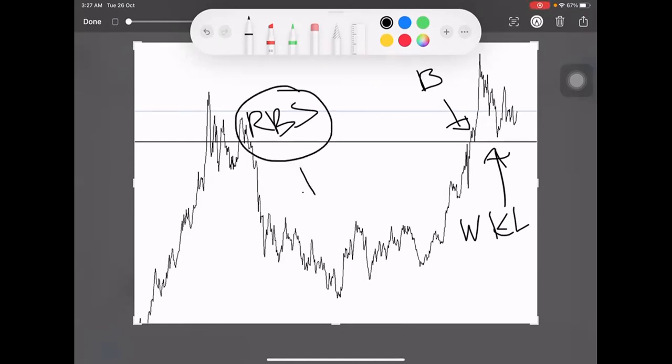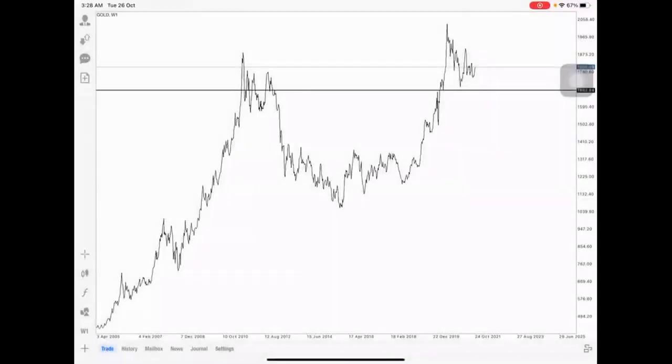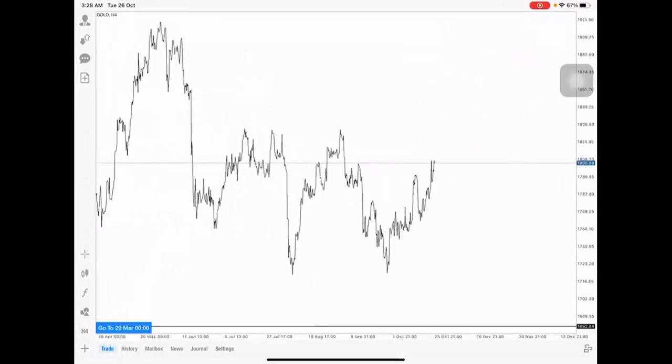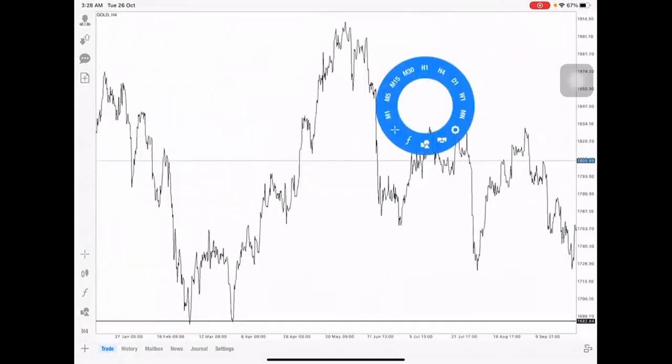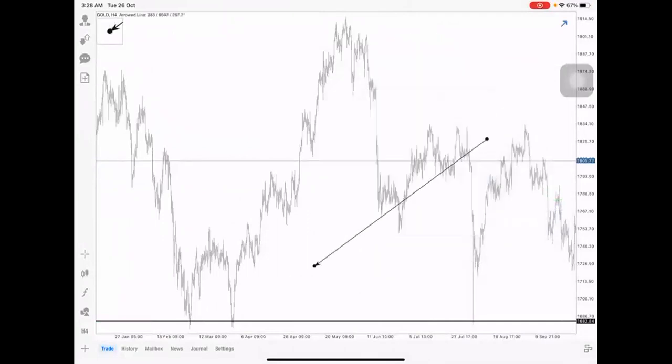But after we go to a lower TF, we found the setup, so we go to H4, right? Yes. So in RBS, SBR, we have this actually.